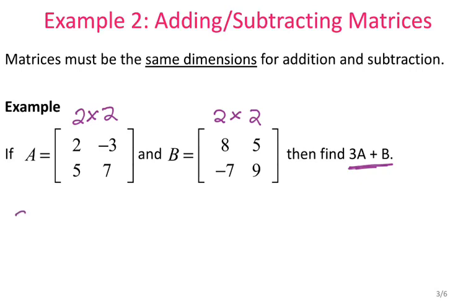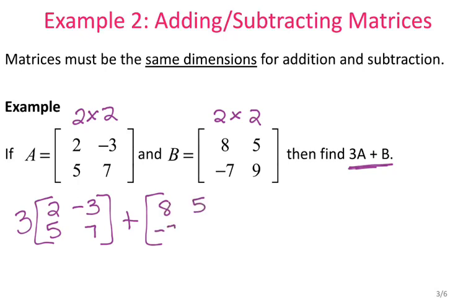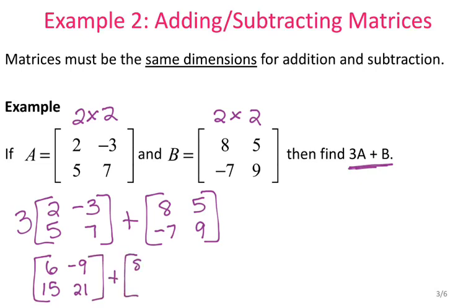So I'm just going to rewrite this. I'm going to do 3 times A plus matrix B, and then I am going to simplify. That 3 in front of matrix A, I can go ahead and distribute to those particular numbers. That gives me 6, -9, 15, and 21, plus this one, 8, 5, -7, and 9.